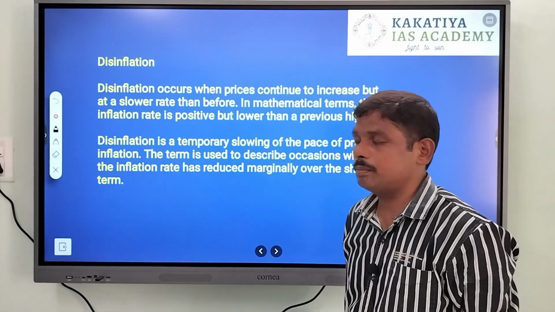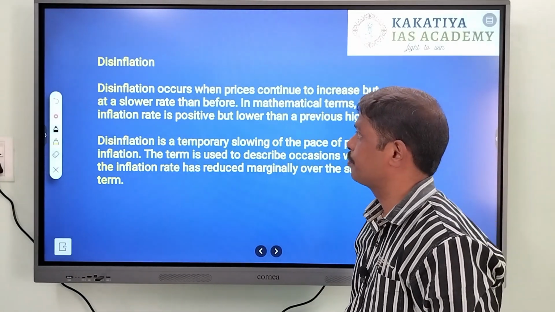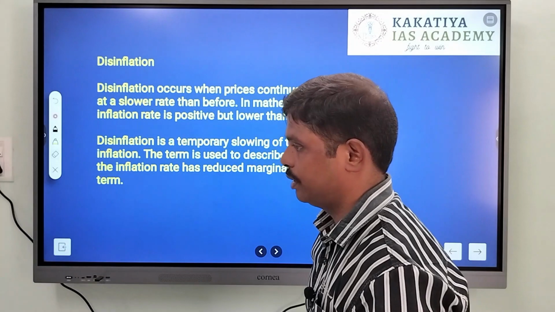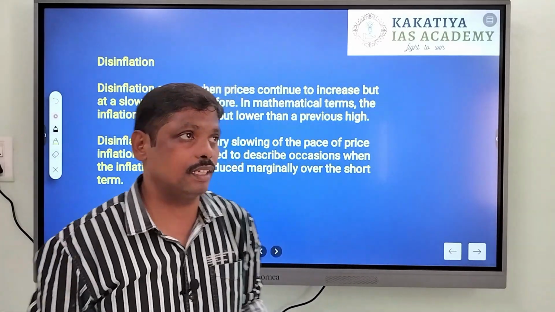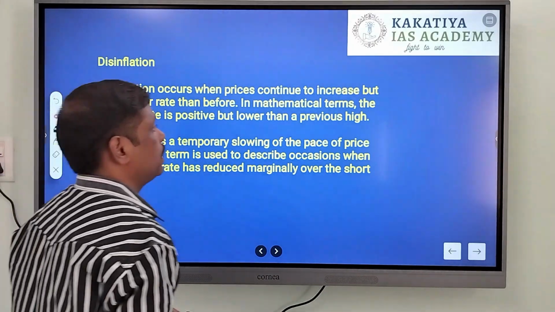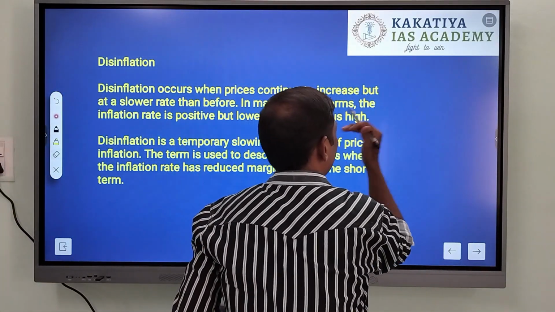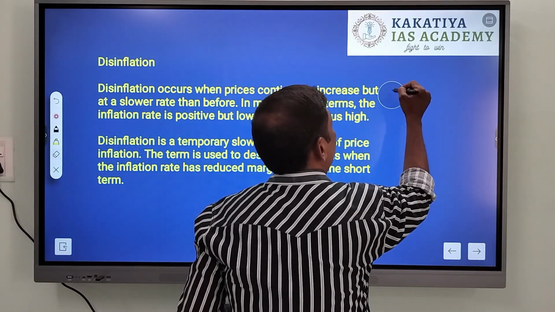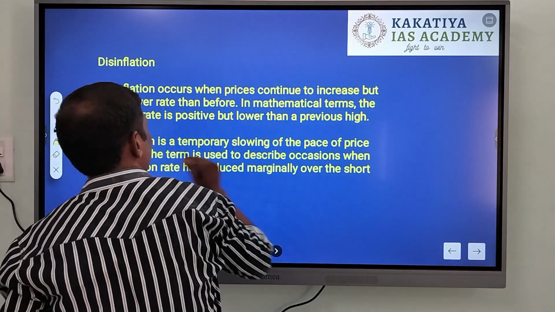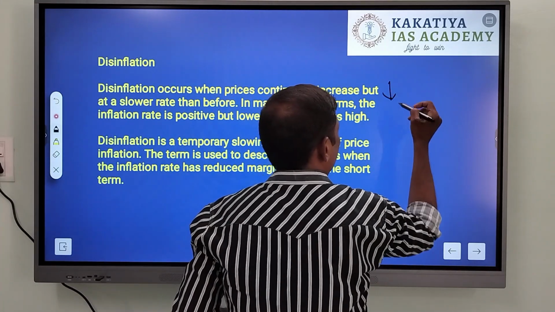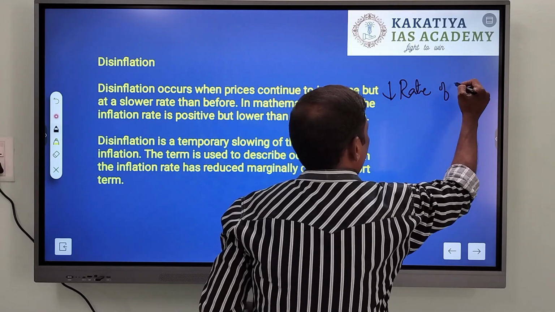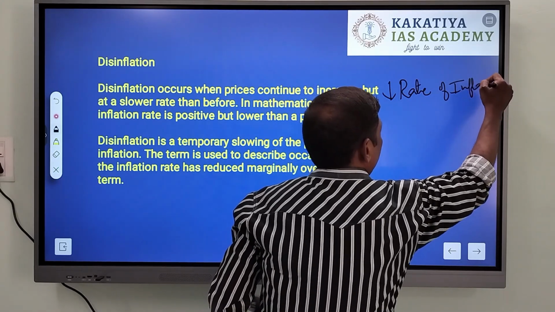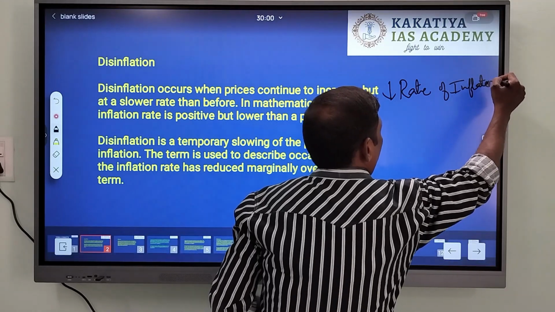So coming to the next term, the topic of inflation is disinflation. Let us try to understand this word disinflation. Disinflation denotes a decrease in the rate of inflation.